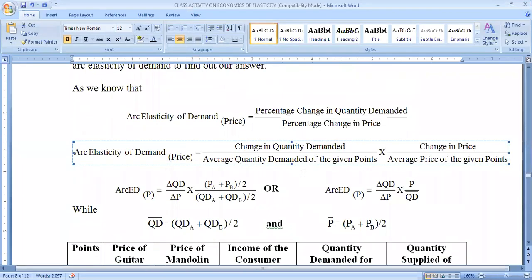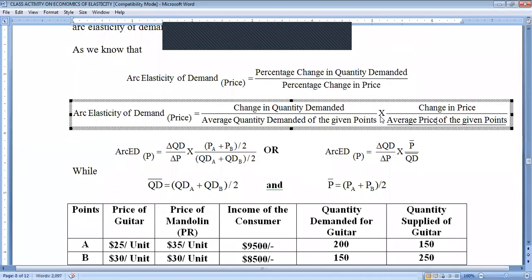Here comes the formula of arc elasticity of demand. So arc elasticity of demand with respect to price can be written as percentage change in quantity demanded. It can be written as change in quantity demanded divided by average quantity demanded of the given points, sorry, this sign of multiplication, instead of it we should have a sign of division.